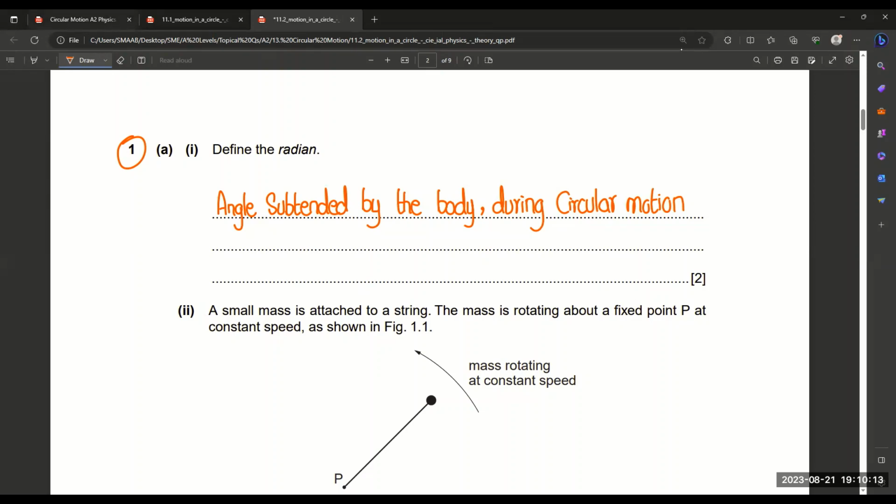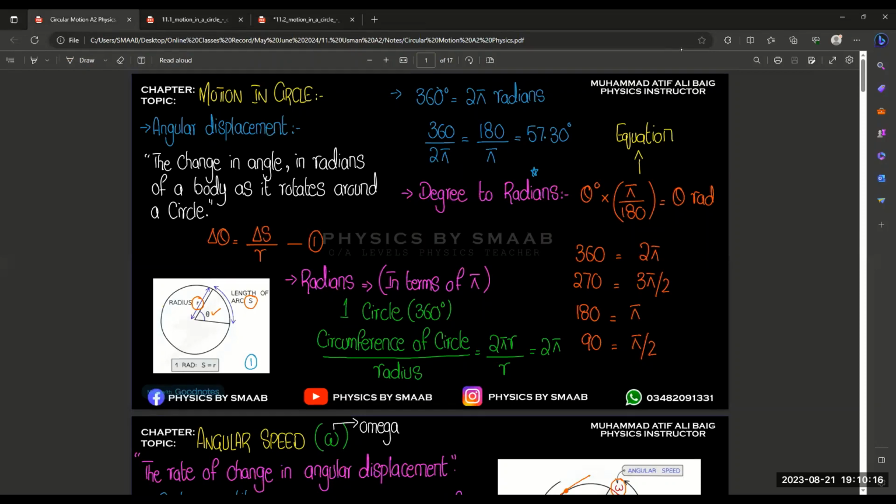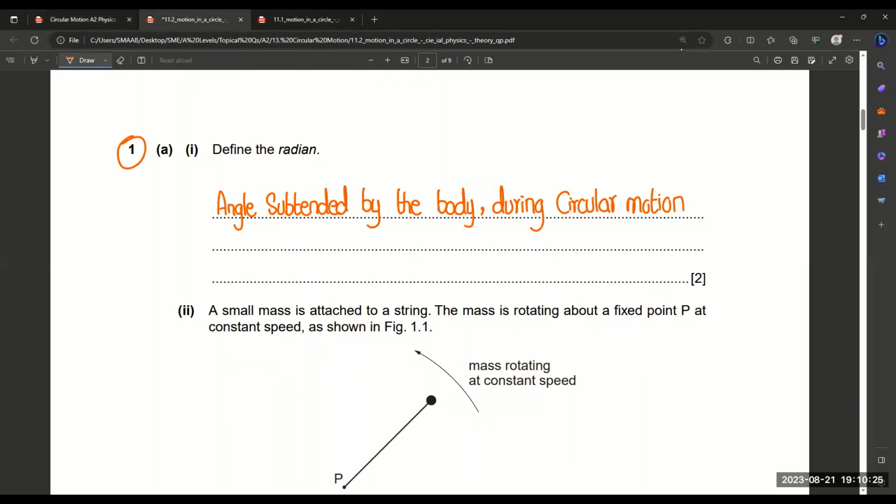And further, if we want to explain this term, we know that delta theta is basically the ratio between the length of the arc divided by the radius, right? So we can say the ratio of the arc length to the radius.